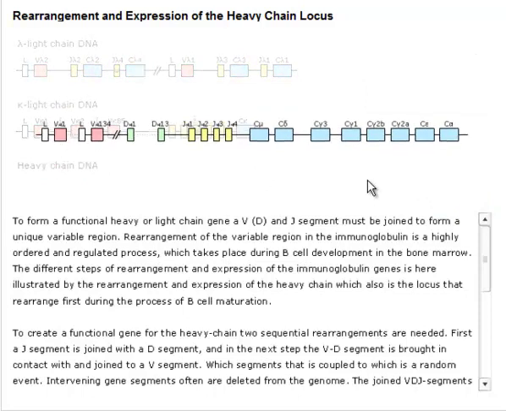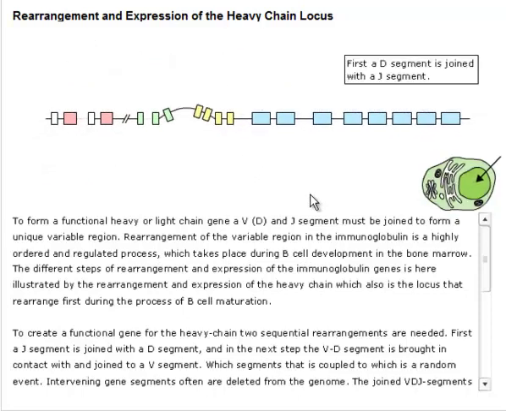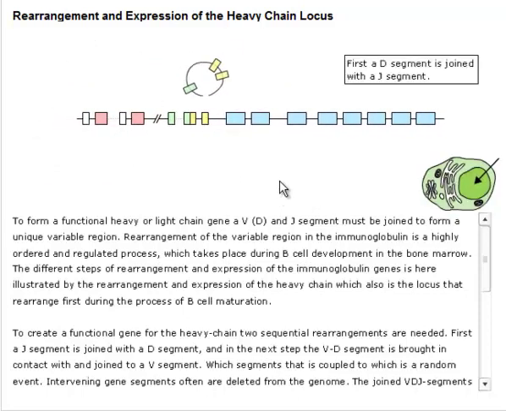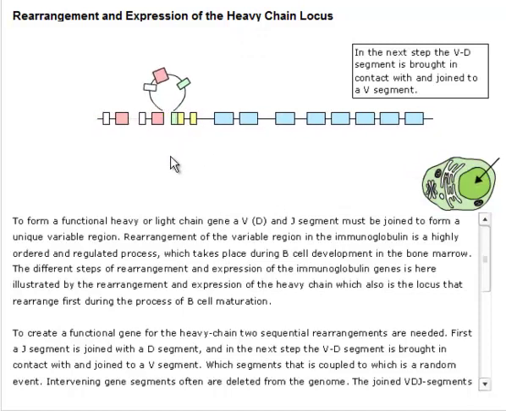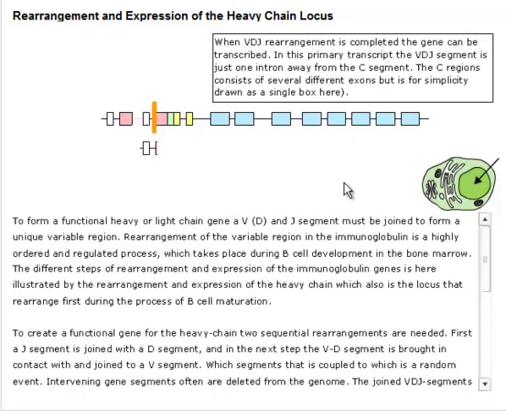So this slide is just giving an example of how this rearrangement could occur. You could have genetic rearrangement. This is not splicing in the messenger RNA. This is actually happening in the chromosomal DNA. You get this genetic rearrangement.